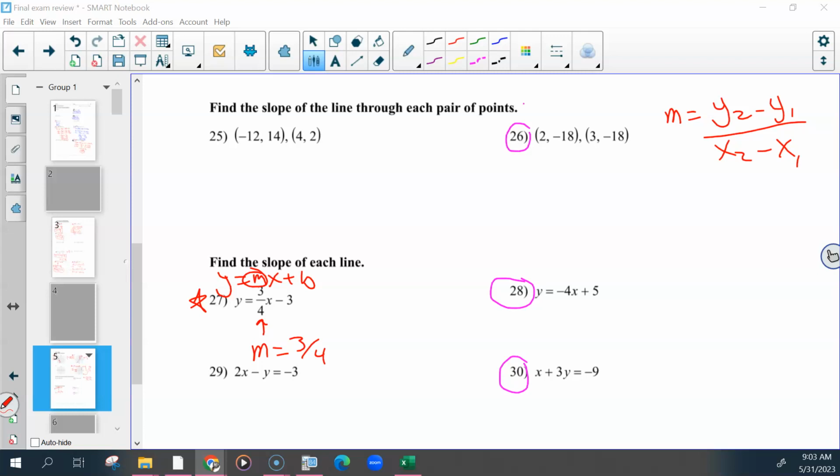If you forget the formula or how it goes, try to remember at least that the y's go on top, since it's your rise over your run. If you forget the order, as long as you put them both in the same order, it doesn't matter.